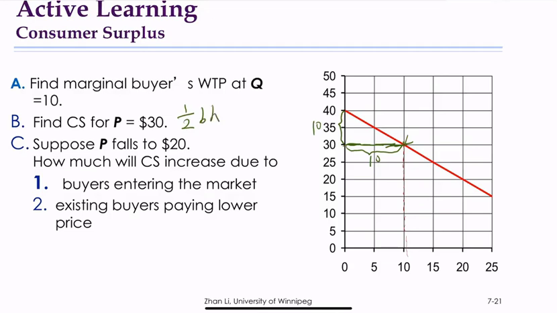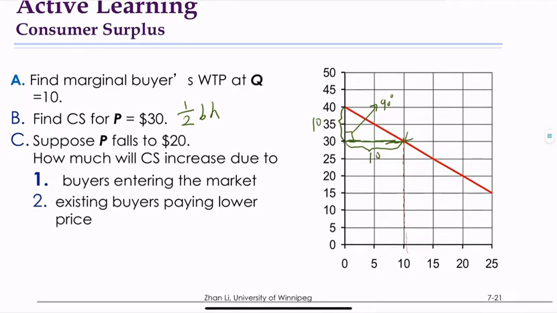Obviously, you have to know this formula to find consumer surplus, right? So again, if you have a triangle, and to be more specific, it's a so-called right triangle, because this angle here is 90 degrees. For this special case, you can just use 1/2 times base times height. This gives you the area of the triangle, which is 50 in this case.